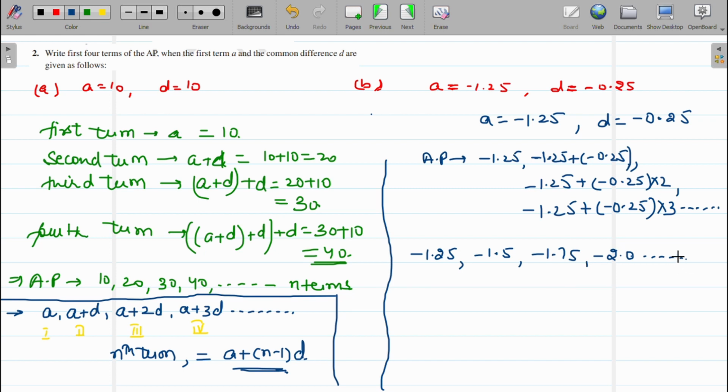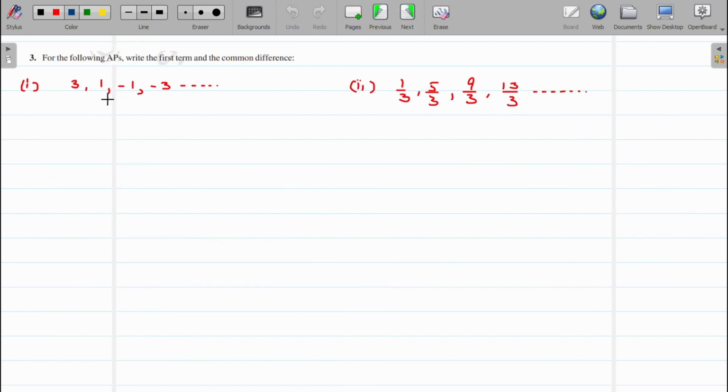Then I have another one: for the following APs, write the first term and the common difference. Clearly we have the AP given to us. You have A equal to 3, that is the first term. Now how do we find the common difference?